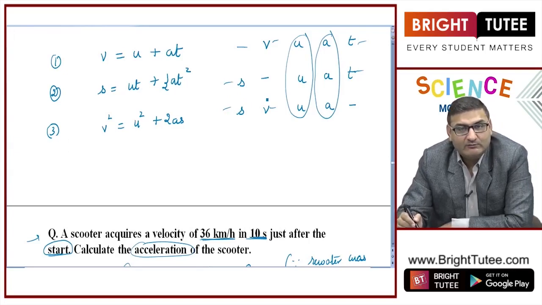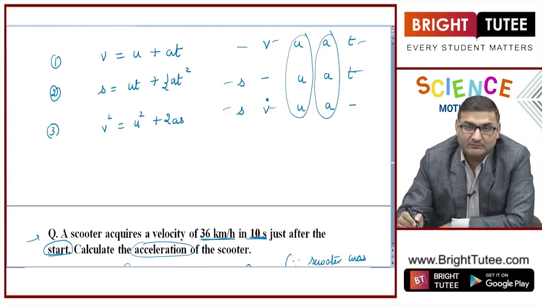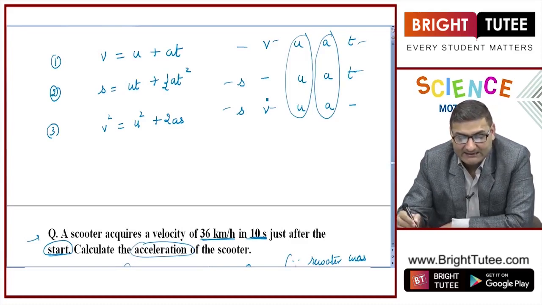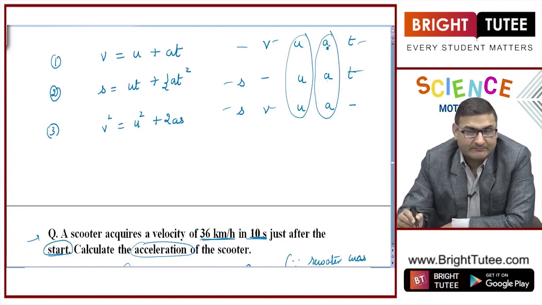So, we need to see what all is given in the question, what all we have to calculate, and then we need to relate which particular equation of motion is best suited for finding our answer. Applying this concept in our question, we need to calculate acceleration.